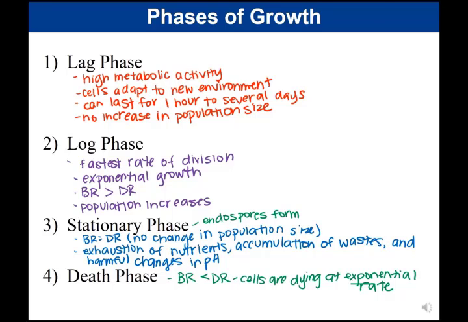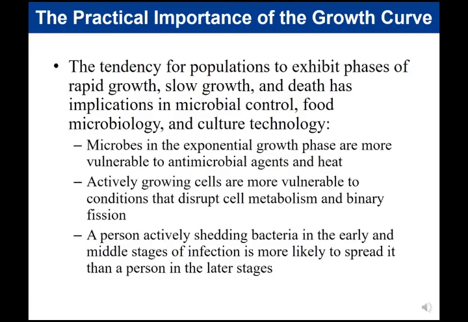Now, the tendency for populations to exhibit phases of rapid growth, slow growth, and death has implications in microbial control, in food microbiology, and also in culture technology.